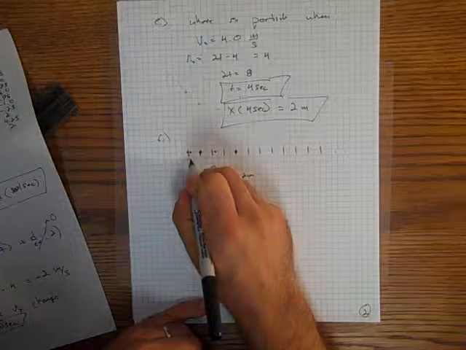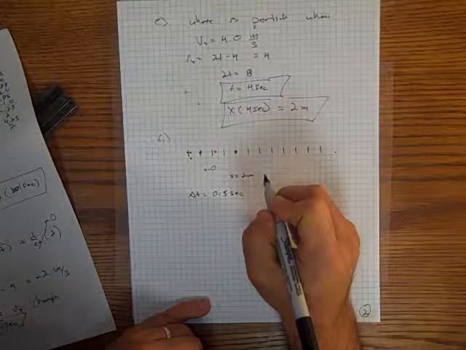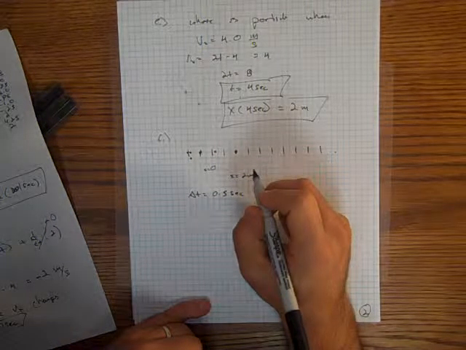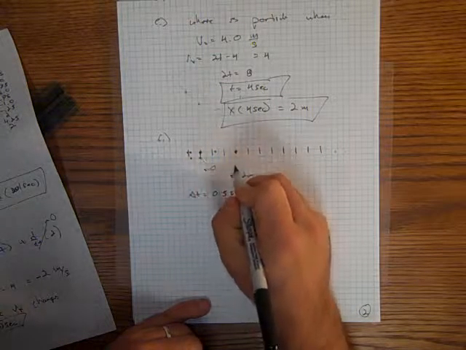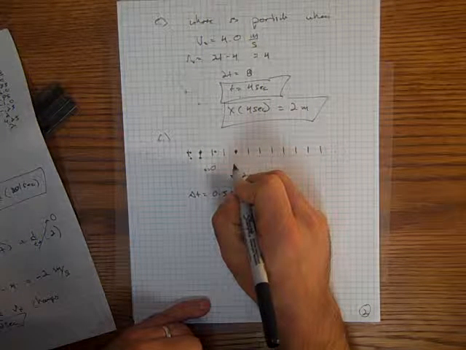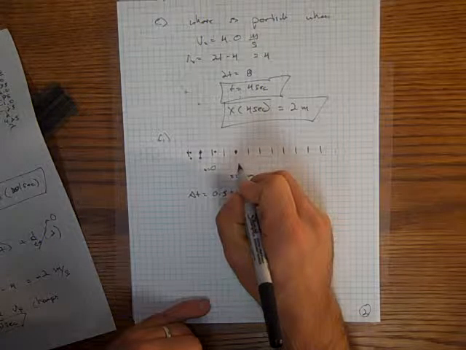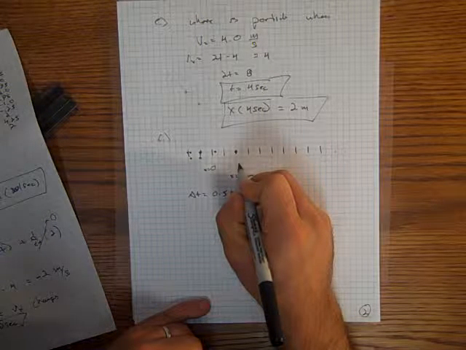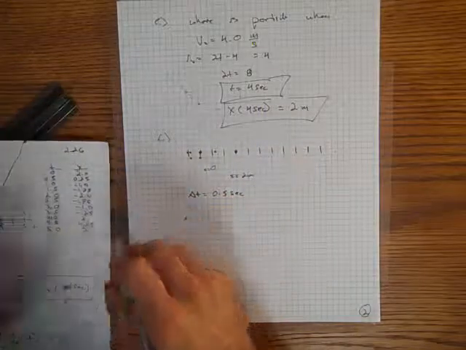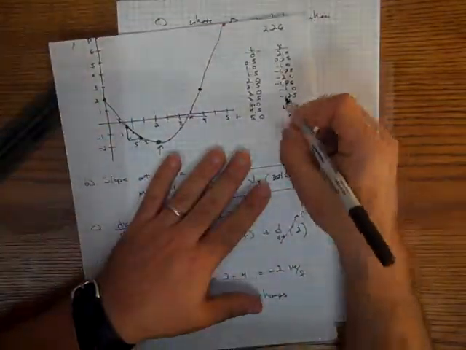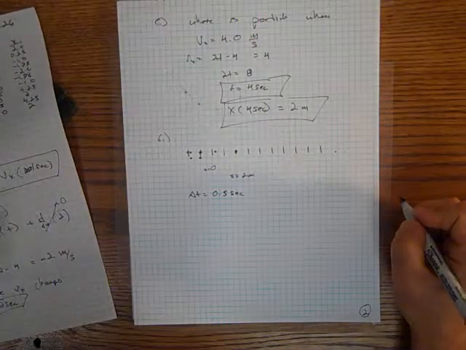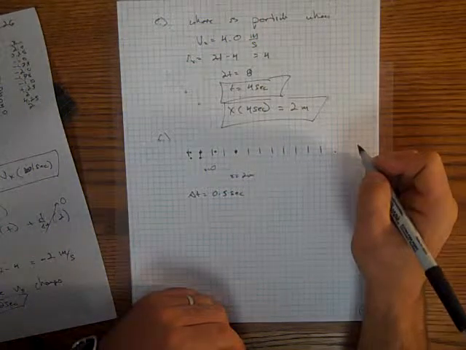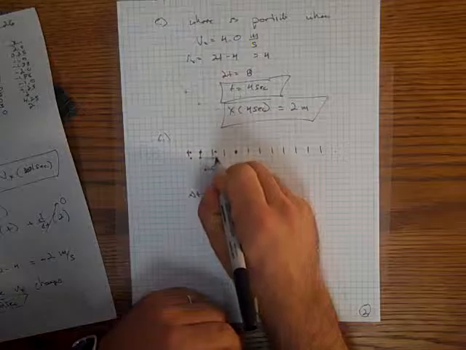So the next time I'm right here. And then the next time I'm at -1. And then, this is wrong, I'm sorry, I'm going to change this right now. This is plus 0.25, and I know that. So then I go up to here.